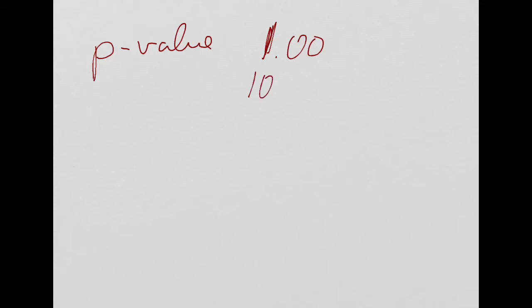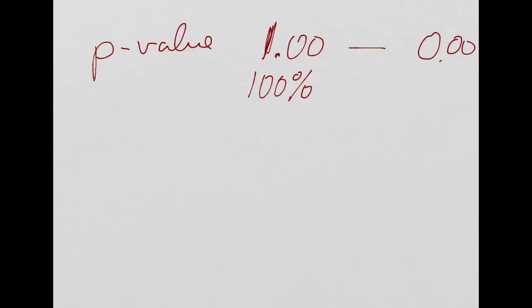Now the p-value can range between 1, which translates to 100%. We are 100% sure that they are the same, to 0.